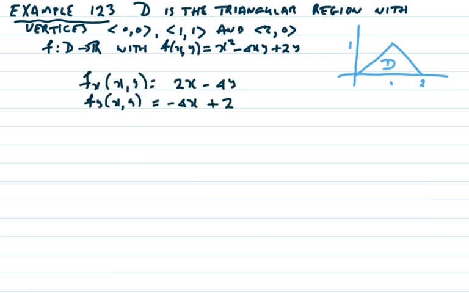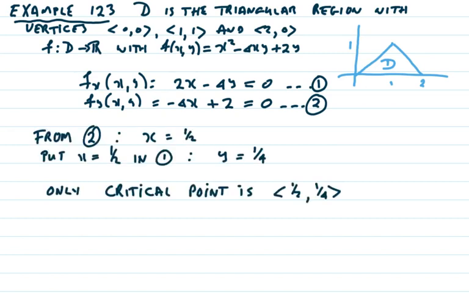In order to find the global extremes of f on D, we first find the critical points. For that, we need the first derivatives of f, which I have shown there on the screen. The critical points are where both the first derivatives are equal to 0. So we need to solve the simultaneous equations 1 and 2.